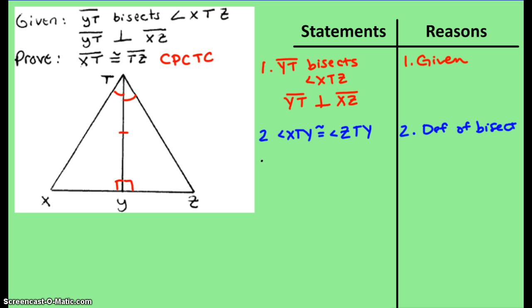Then, number 3, we need to say that these 2 angles are congruent because they are right angles. So, knowing that they are perpendicular, we can say that angle XYT and angle ZYT are right angles. And that would be the definition of perpendicular lines.